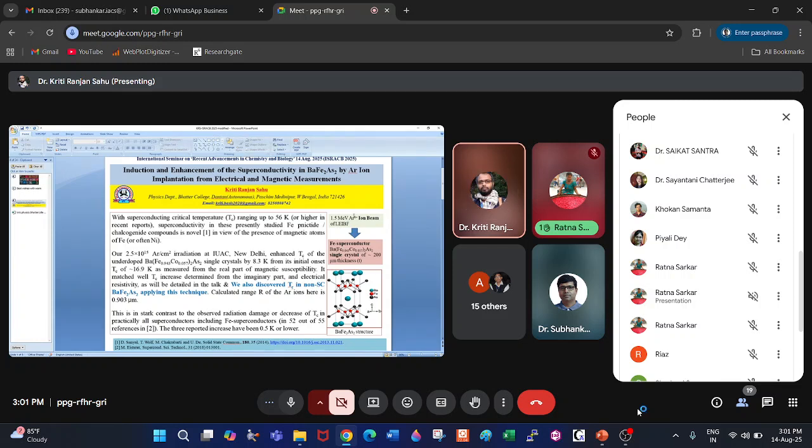Normally, this is a well-known matter. An Fe-based superconductor like BaFe2As2 sample, we prepared, and it is a non-superconducting material because of the presence of the magnetic material Fe.